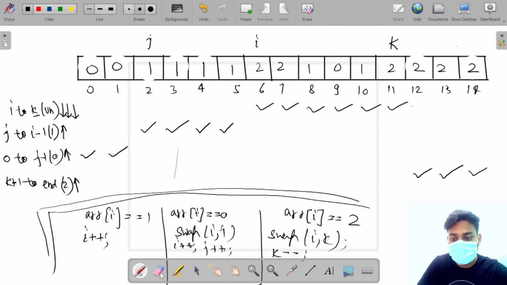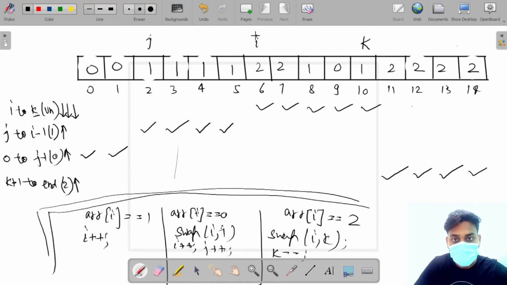Now what we have to do? We have to swap I and K. So the values of I and K are same, so I'm not swapping here. I just simply decrease K minus minus and update the region. The unknown region decreases and the region of 2 increases.